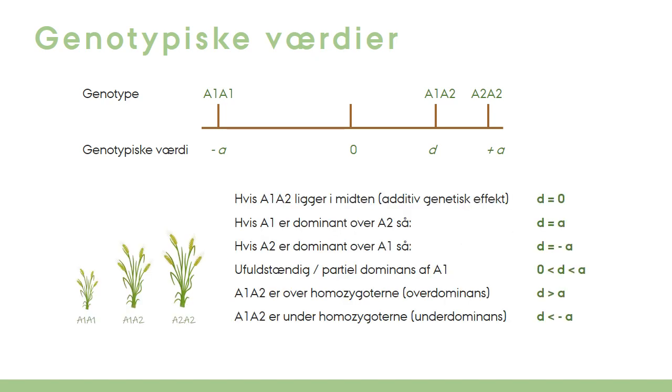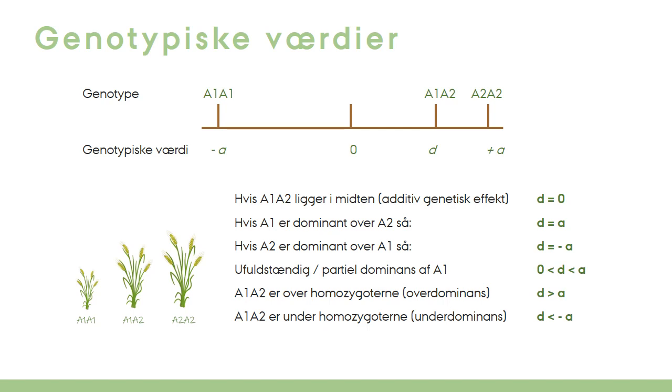Now this overview shows you what kind of situations you can have. When A1A2 lies exactly in the middle, your dominance effect is 0 because it's an additive genetic effect.